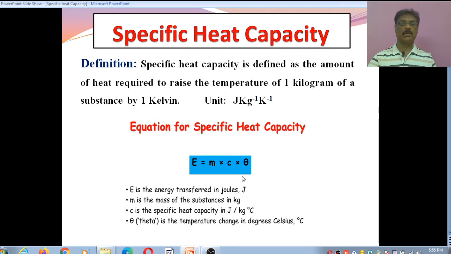And θ is the temperature change, that is, how much you are increasing the temperature, in degrees or in Kelvin. So this is the definition, units and formula of specific heat capacity.